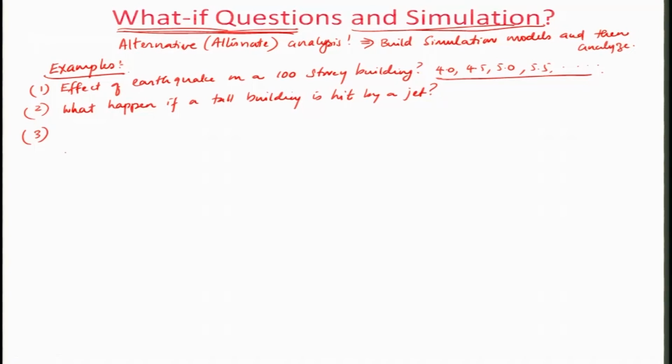Then another example is, how would traffic congestion impact emergency vehicles? If there is huge traffic congestion, how would it impact the movement of the emergency vehicles?